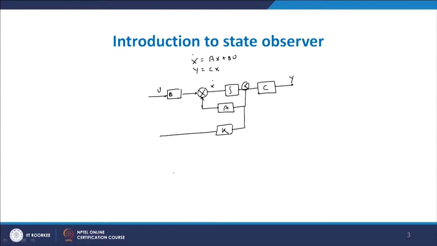Let us say here Kx is there, and we are designing the controller through this x. So this is the arrangement of the controller, that is u equal to minus Kx plus r. This is the controller.